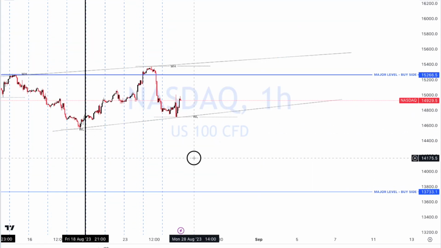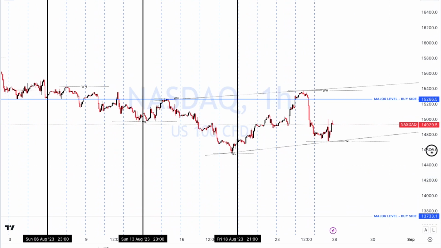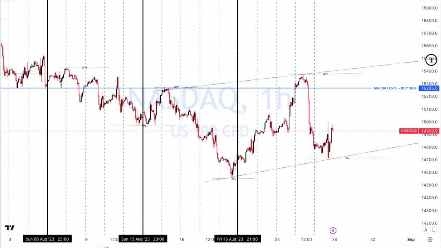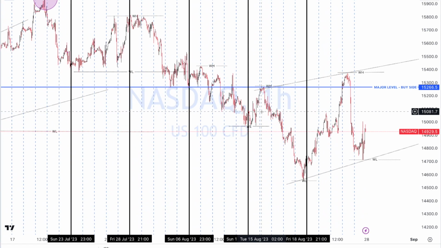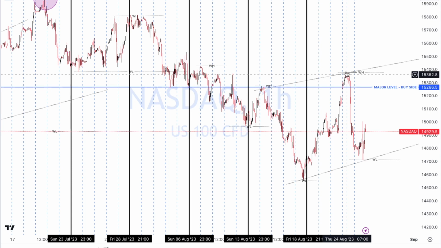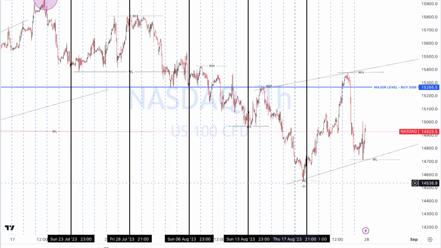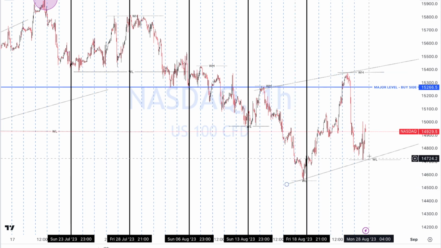So as it stands right now, the levels that I'll be looking to see break are the highs and the lows of the current week or previous weeks, right? So this high has been taken out by this high over here. This low was not taken out but produced a higher low.